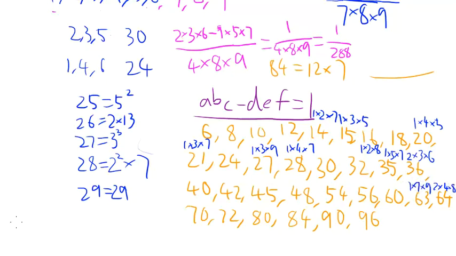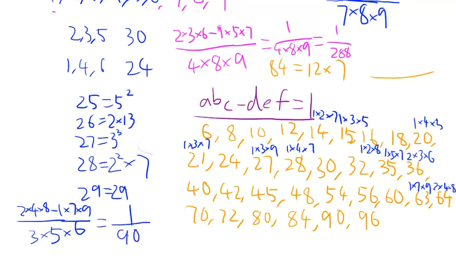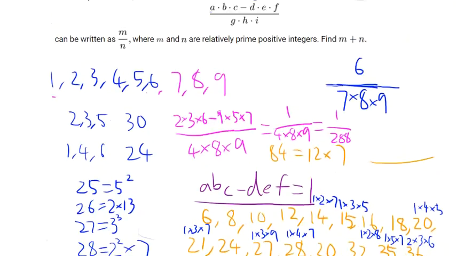Okay, what do we get here? 2 times 4 times 8 minus 1 times 7 times 9 divided by 3 times 5 times 6. 3 times 5 times 6 is obviously smaller than 4 times 8 times 9. In fact, this is actually 1 over 90, way smaller. We do not need this, okay?